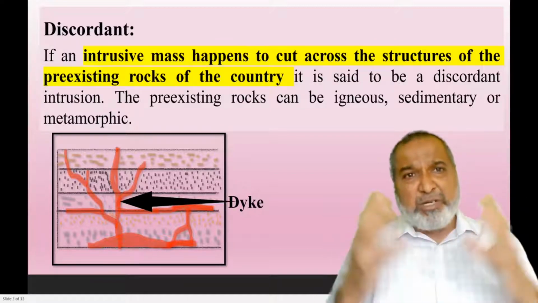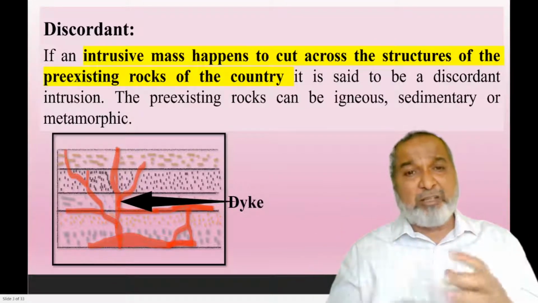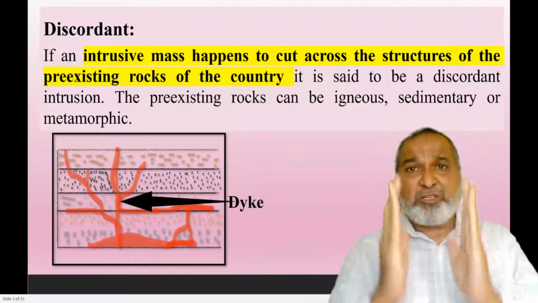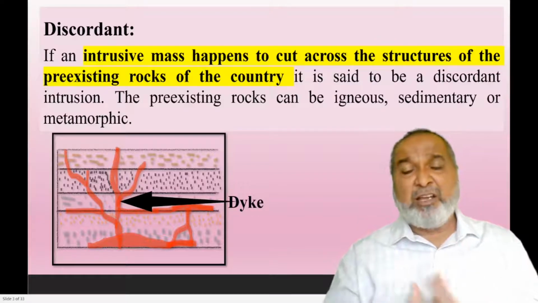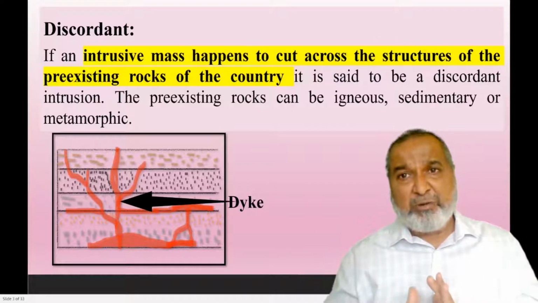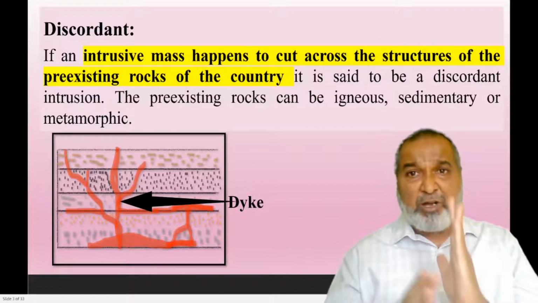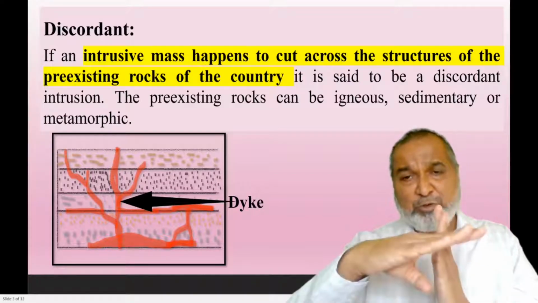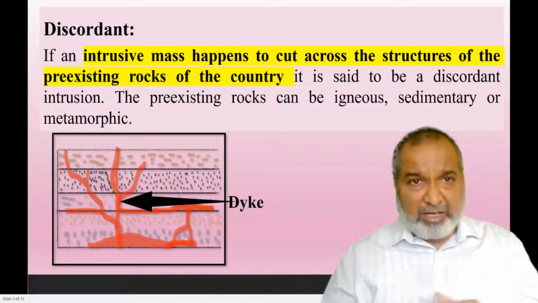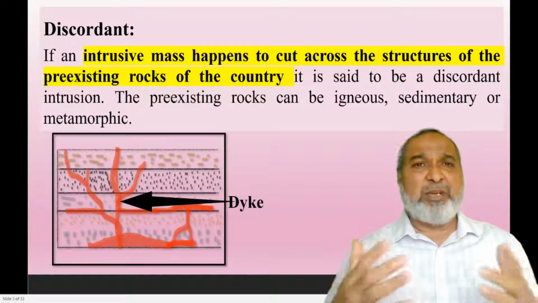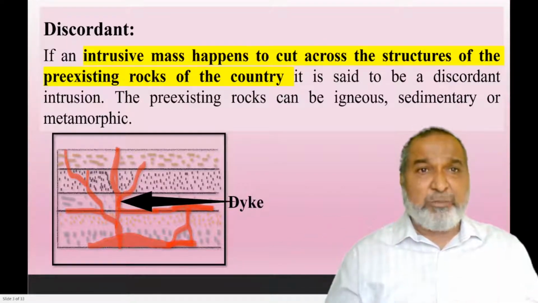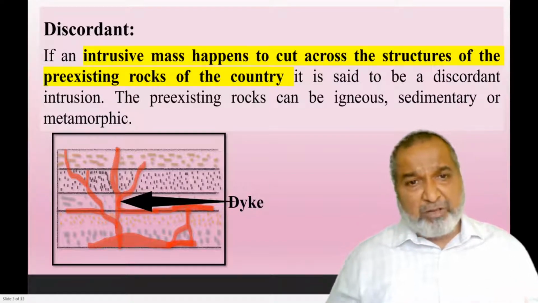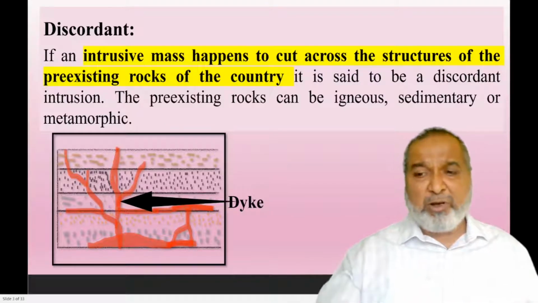So contamination has taken place, and due to this the magma composition has changed, and a pipe-like structure will be forming, where the country rocks have been cut down and the relation with the country rock is vertical. The country rock may be igneous, sedimentary, metamorphic. Then this type is called a discordant type, and the vertical part we normally call the dike.